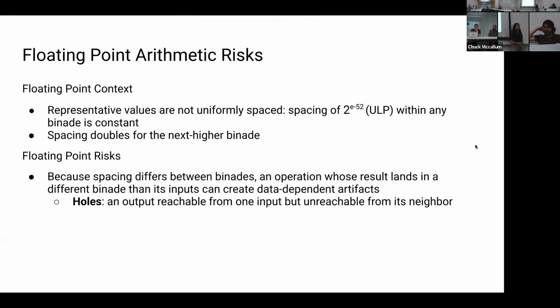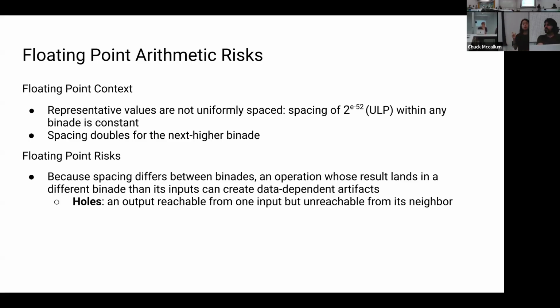Before going into some details about the sampler itself, I wanted to bring up some of the risks that come up with floating point arithmetic. This is what Amit was alluding to in his talk with the privacy leakage risks that come with some floating point operations. Essentially, floating point representable values are not uniformly spaced.